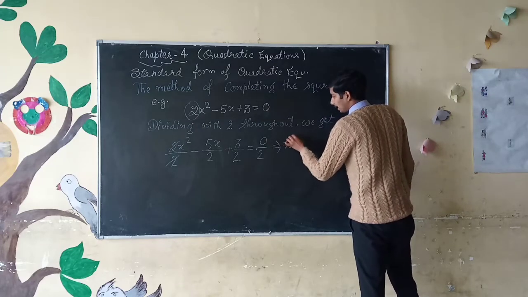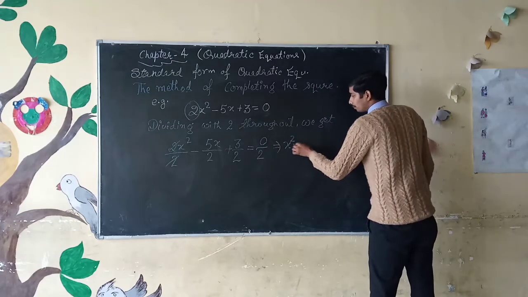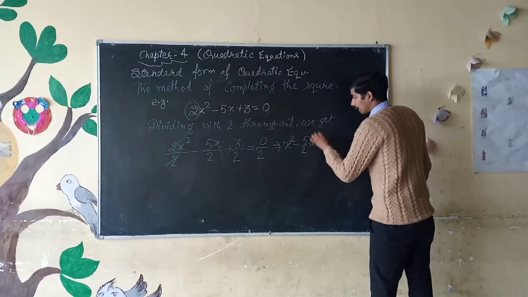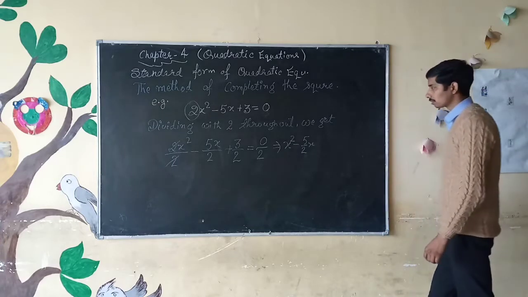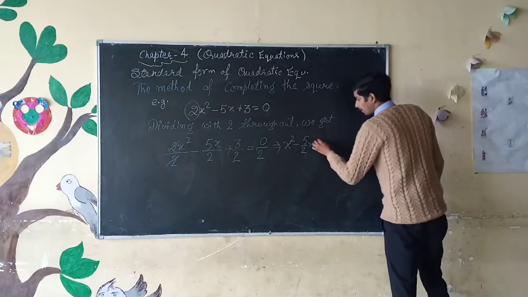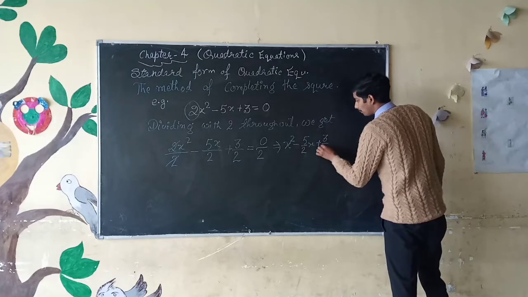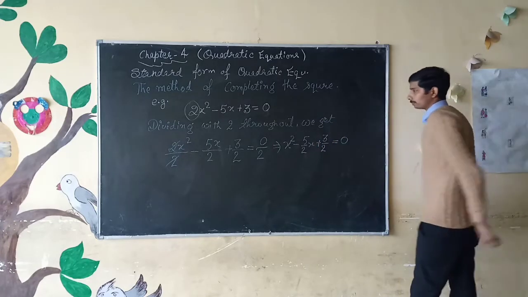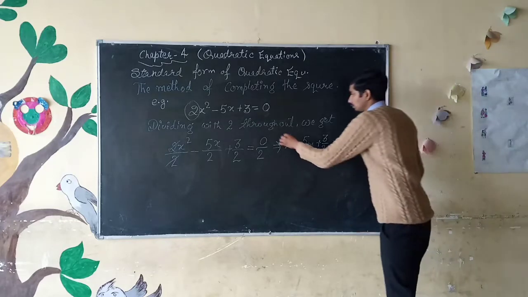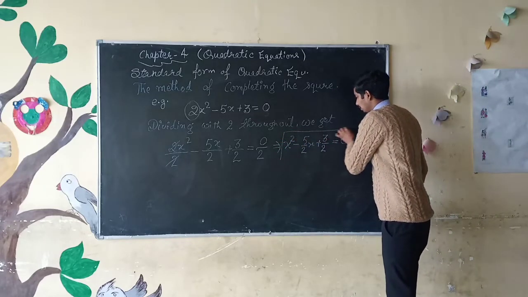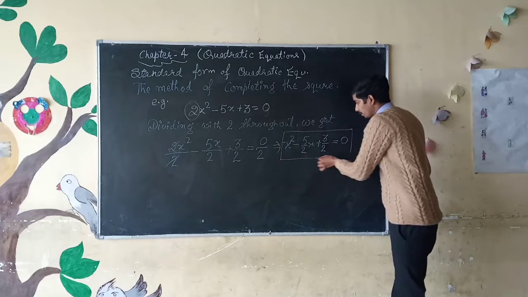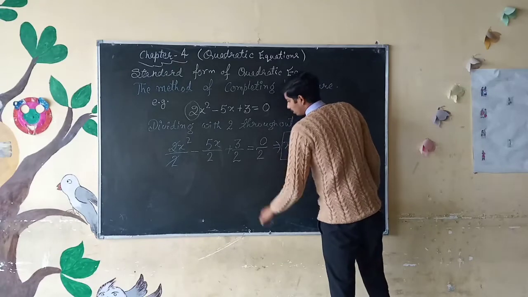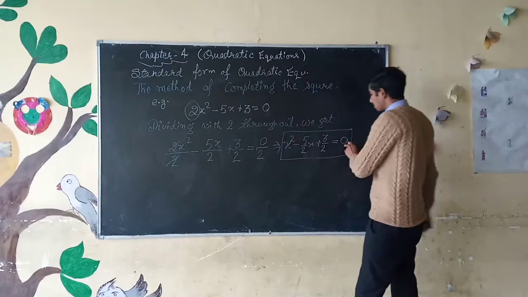it implies x square minus 5 upon 2 x. Can I write it like this? Yes, we can write plus 3 upon 2 equals 0, because 0 divided by anything always equals 0.